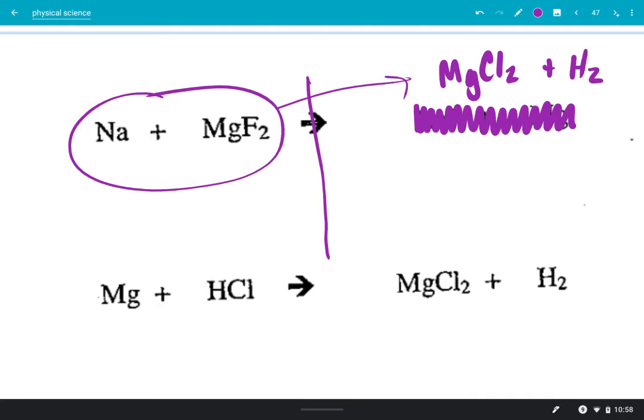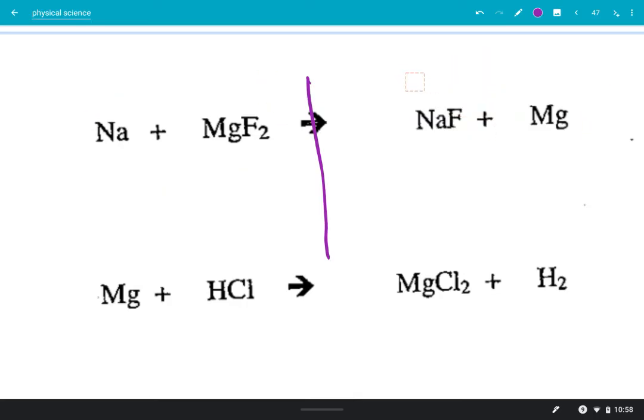You could not. This is alchemy. This is not science. This is not chemistry. So if you ever see anything with weird stuff like this creating that instead, just know that it will not obey the law of conservation of mass, because you are magically creating hydrogen when there was none. You are magically getting rid of sodium, and you cannot do that.